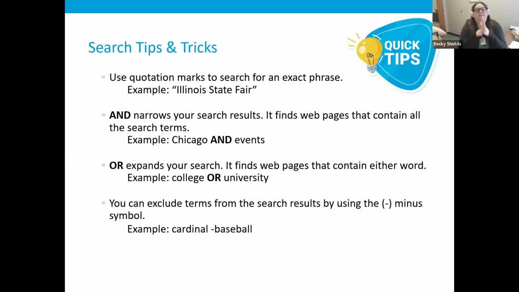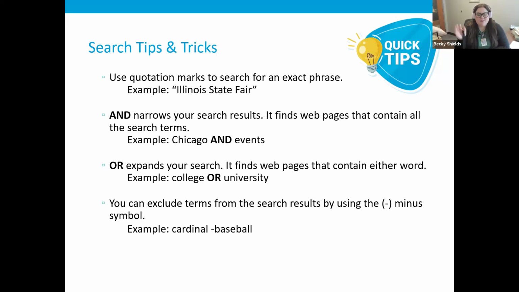The first tip that I would give you is to use quotation marks if you're looking for an exact phrase. So if you wanted to search for the Illinois State Fair, you can put quotation marks on either side of it so that anytime those three words appear together on the internet, those are going to show up in your search.